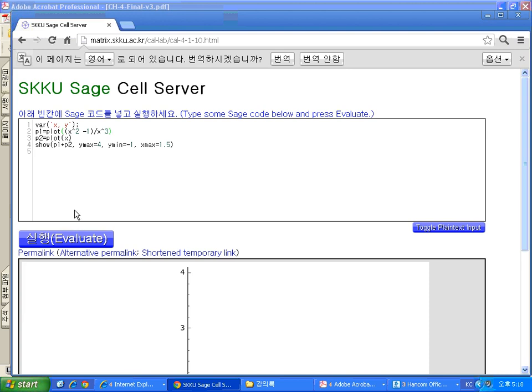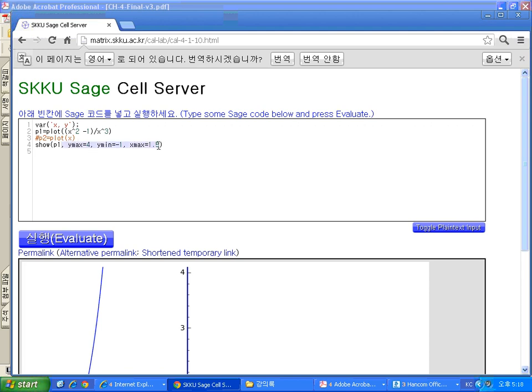Okay, here I can plot. I can easily draw the graph of it.